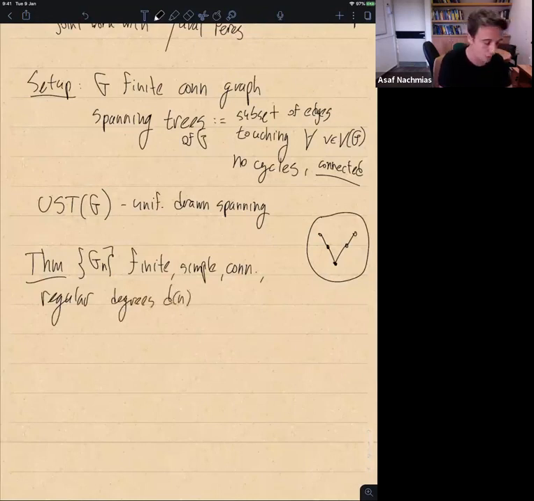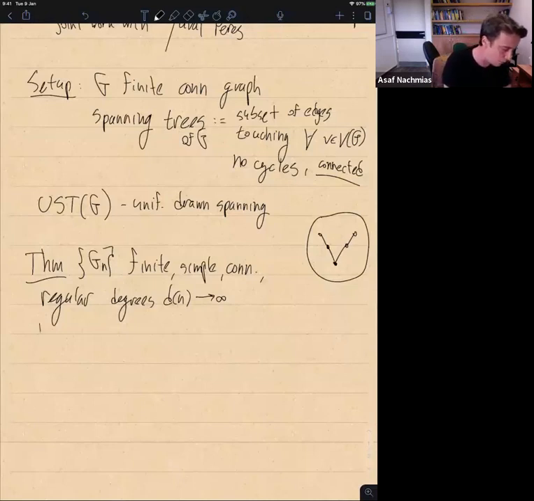I'm assuming that the degrees are high, tending to infinity at any rate that you would like. You can take any particular sequence that you like. It could be the complete graph, hypercubes, anything you can build. Obviously, there is an abundance of such objects.